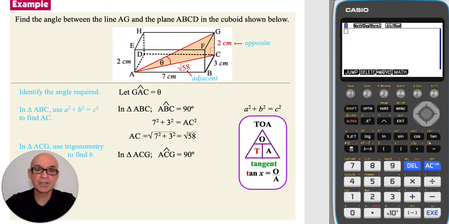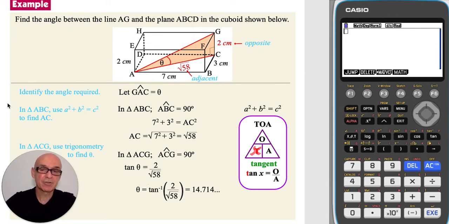Referring to the trigonometric triangles, tangent is equal to opposite over adjacent. Write in tan theta equals 2 over the square root of 58. Additionally, if we cover up the tangent in the triangle, we see that we need to divide opposite by adjacent.